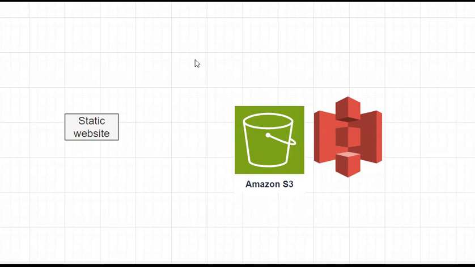That's it. Whatever files or code we put under this S3, it will create a unique URL for us to route the traffic to the website. By using S3, we can host our static websites with less cost compared to other ways.